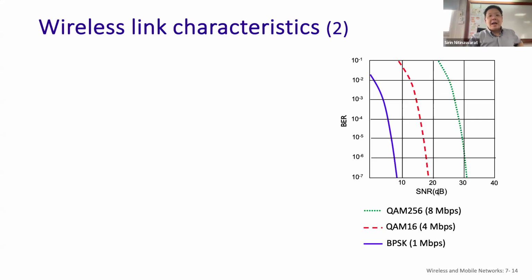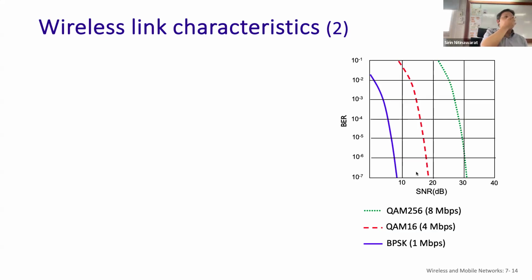So the higher the modulation you go, going from blue to red to green, if you fix the signal to noise ratio across all these three modulation schemes, the higher the rate of transmission you will use, but at the same time it also incurs a larger error rate.